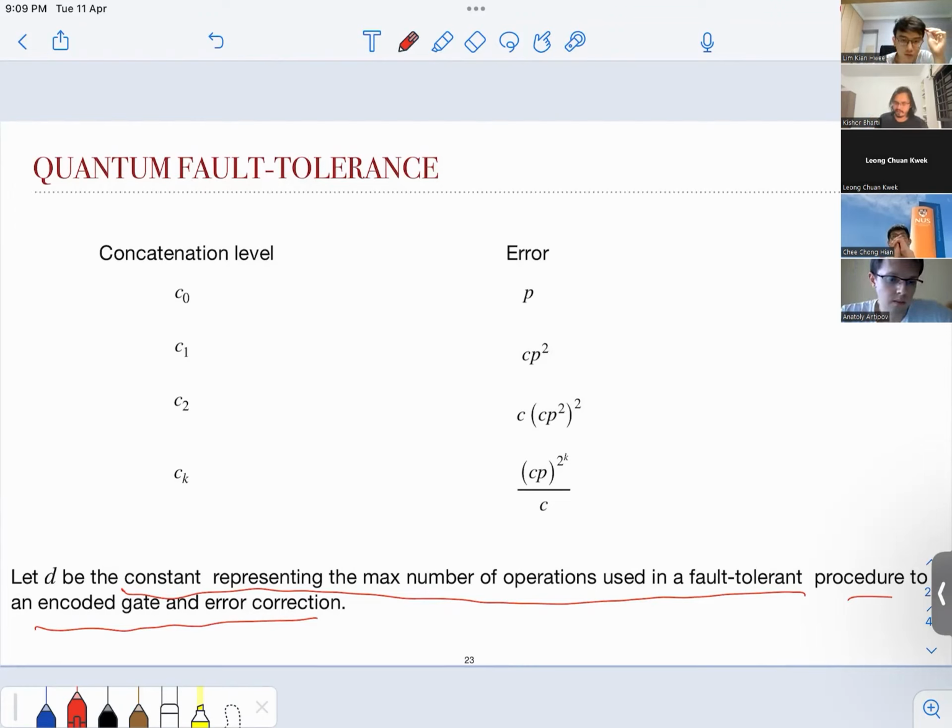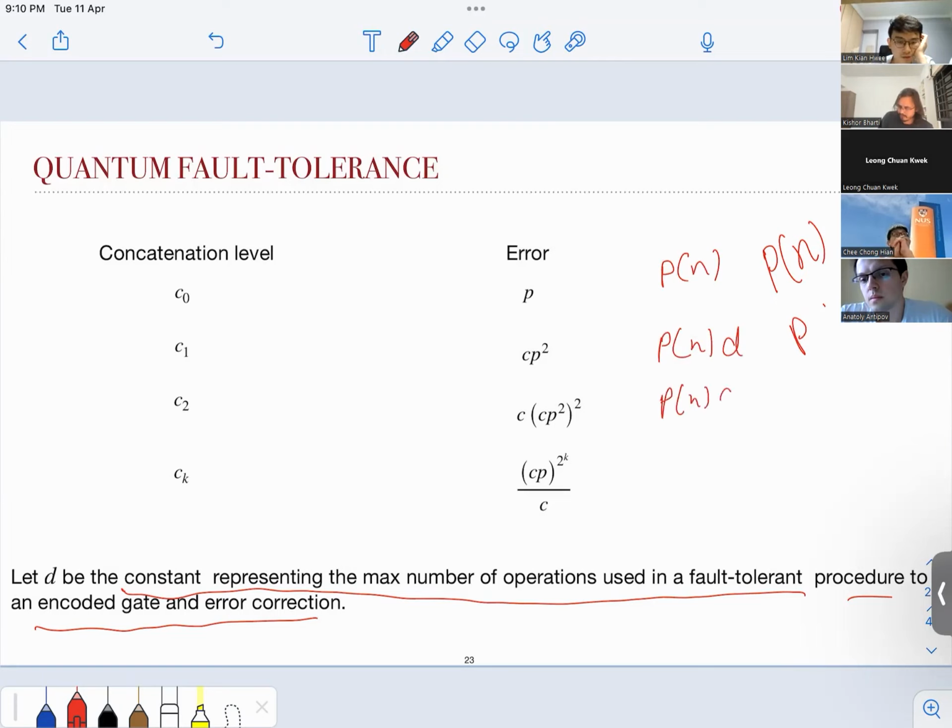Initially you had a circuit of size Pn, so the resource requirement was Pn. When you went to the next level, the resource requirement was Pn times D. Then here Pn times D squared, and so on. Here it will be Pn times D^k. So you see that the resource requirement is going up exponentially in k.